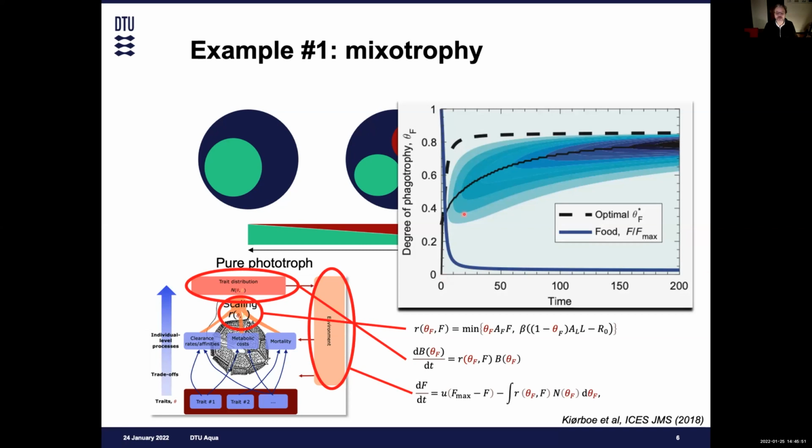I have time. I start with a trait distribution here, and as time goes, the trait distribution evolves, and we have the biomass of the different morphs here, and we can even calculate the optimal, but I won't go there today. So this is essentially the concept, and the trait-based models we have seen today all follow conceptually this route.